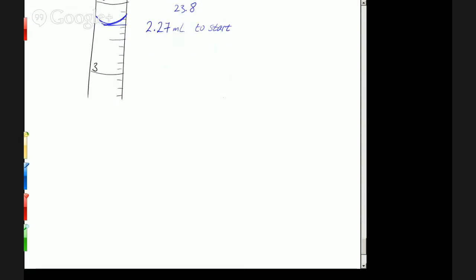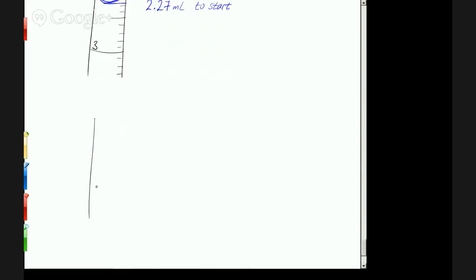All right, and let's say you do your titration. And you end up, once it turns pink, it is here. So where would you read that one? Let's say like there.